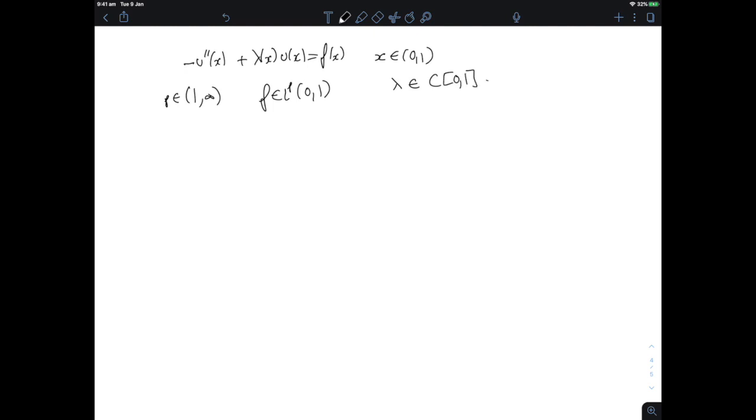So I'm allowing now the lambda to vary, but I don't want it to be 0 anywhere, so I'm going to assume that there is a delta positive that is the minimum of the lambda x in 0, 1, and of course, this is smaller than the maximum of the lambda x, which I'm going to denote by m.